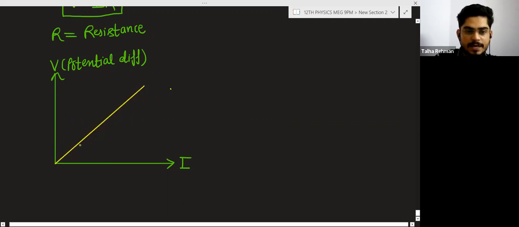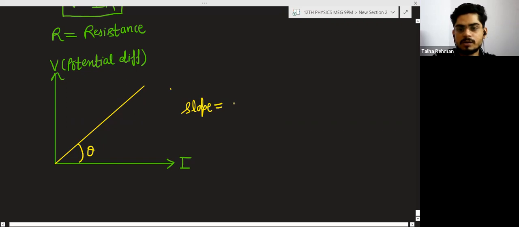Okay, and if this straight line is making an angle theta, then the slope of this graph will be equal to tan theta, and that tan theta is equal to resistance.